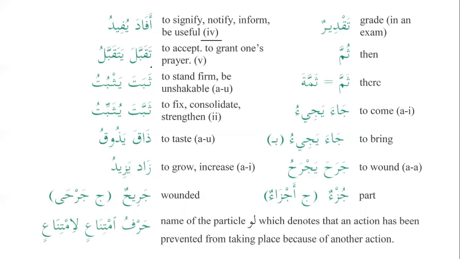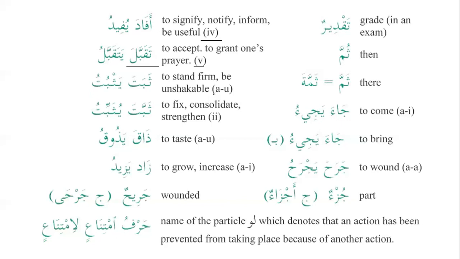Taqabbala yataqabbalu, verb form number 5, to accept, to grant one's prayer. So normally when we make dua, when someone goes for umrah, we say taqabbalallahu umratakum, taqabbalallahu hajjakum. Similarly, when someone comes from tarawih or prayer, normally we make the dua taqabbalallahu a'malakum or taqabbalallahu salihah a'malakum. May Allah accept your good deeds.